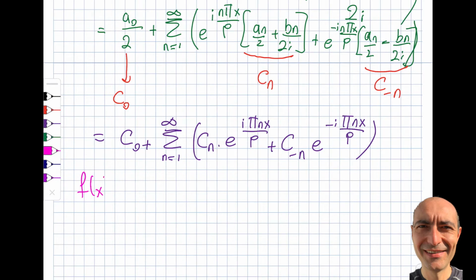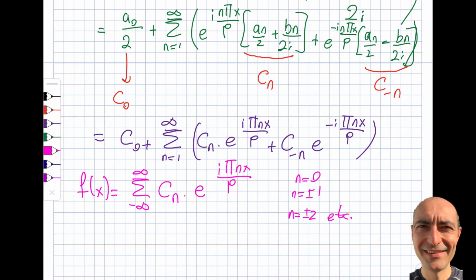So my f of x expansion will go like this now, from minus infinity to infinity, Cn, just wait, I will explain, e to the i pi n x by p. Okay? So obviously I want to highlight here that n is 0, n is plus minus 1, n is equal to plus minus 2, etc. It goes all the way to infinity.